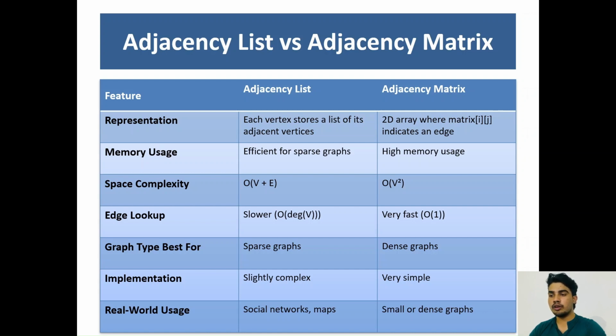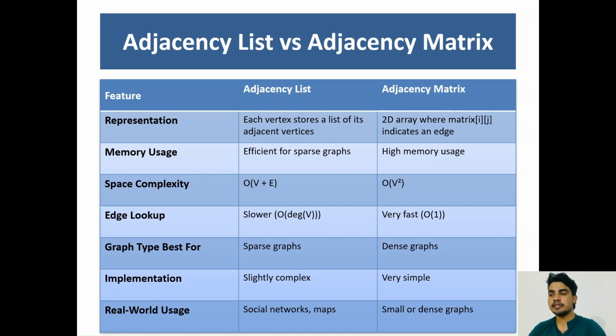Finally, we are moving on to implementation and real-world usage. Adjacency matrices are very simple to implement using 2D arrays. And adjacency lists are slightly more complex because they use lists or linked structures, but they are more flexible. Real-world usage.